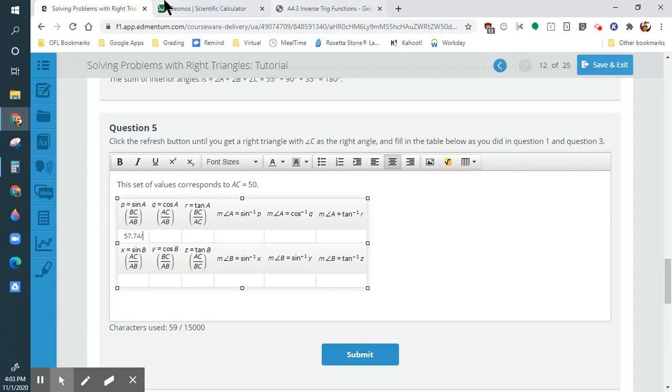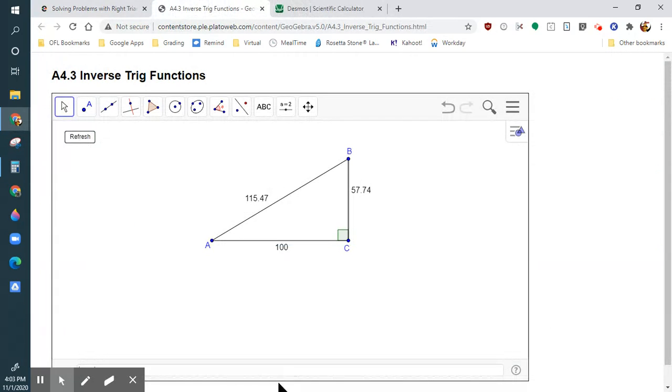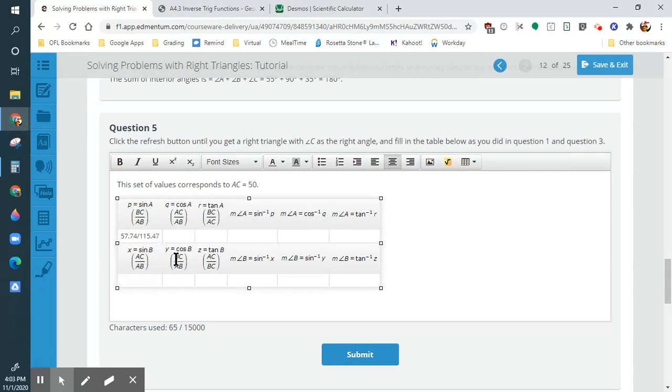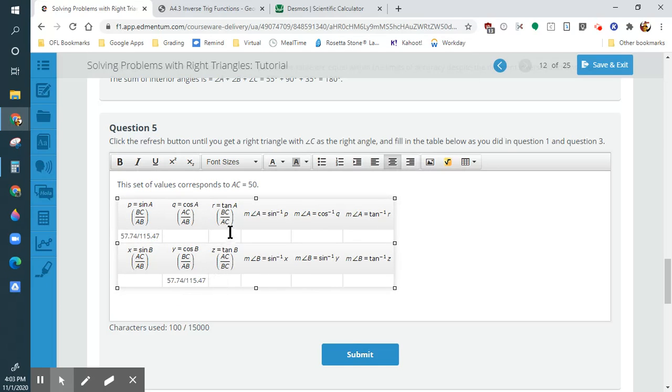5.75 divided by 115.47. Might as well copy this into the cosine of the other one. Copy this into here. Now all I need is the adjacent. This is the hypotenuse.